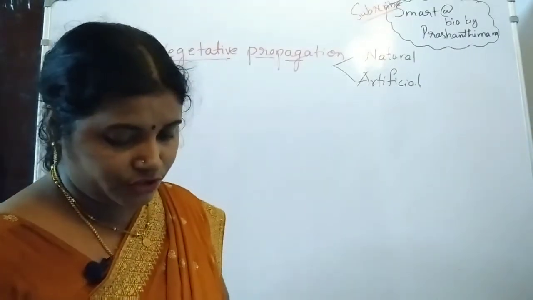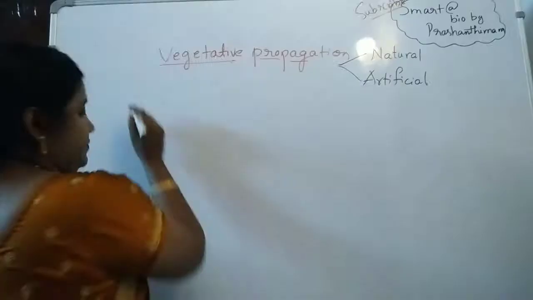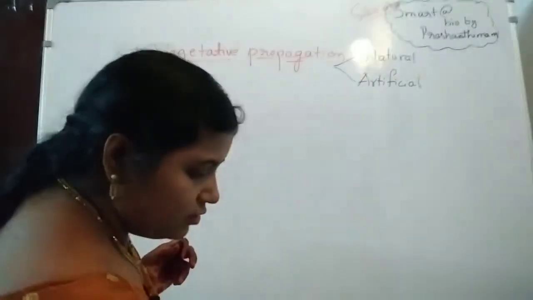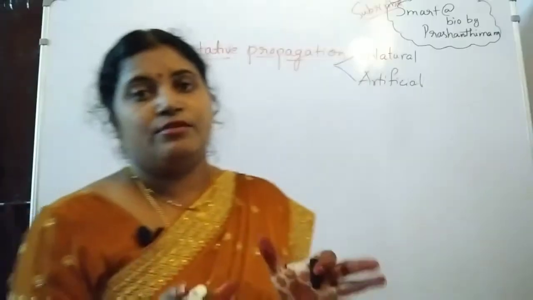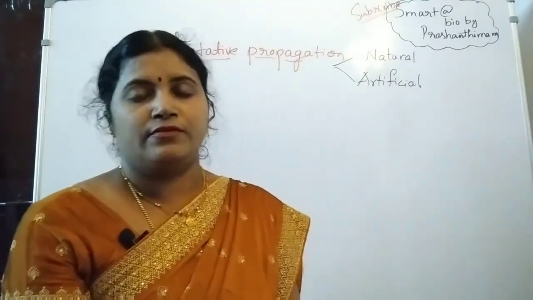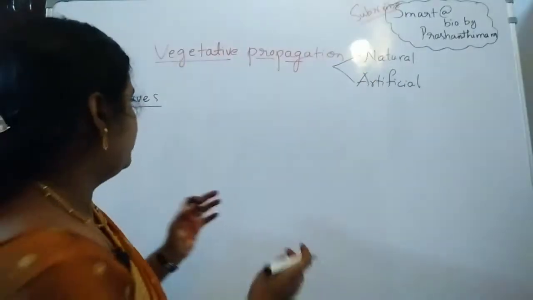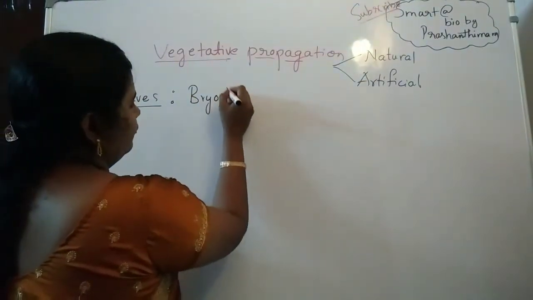In natural vegetative propagation, first we are going to see leaves. Here leaves are involved in producing new plants. The example is the bryophyllum leaf.